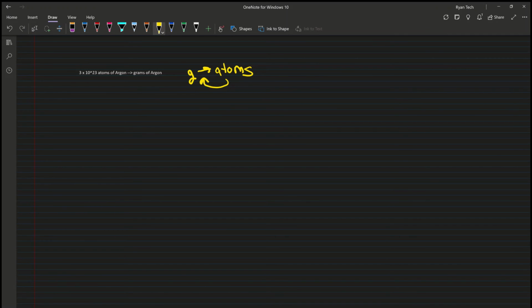Now we have to acknowledge that, remember that it was grams to moles to atoms. Now we're going to go from atoms to moles to grams. So let's get started.